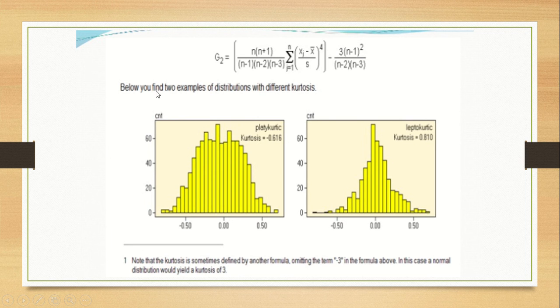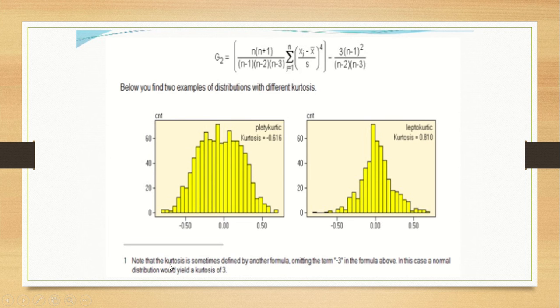So below here, you find two examples of distributions with different kurtoses. You see here the appearance of the distribution with kurtosis equal to minus 0.616. This is what we call a platykurtic curve, and here we have the leptokurtic with a kurtosis of 0.810.